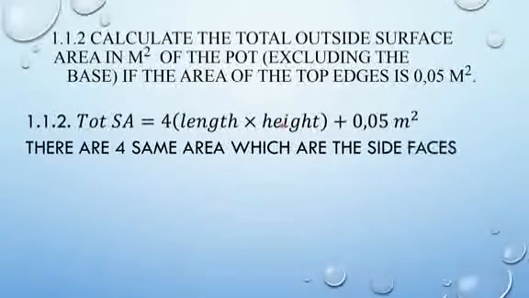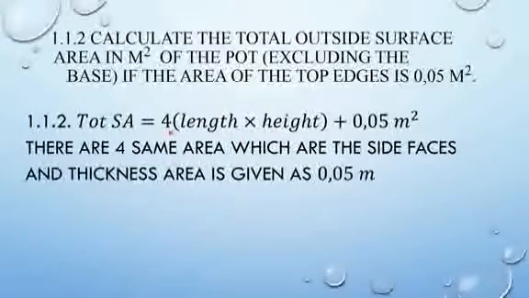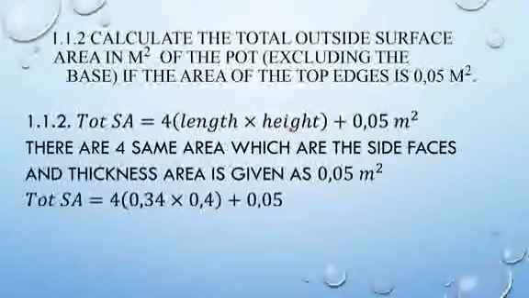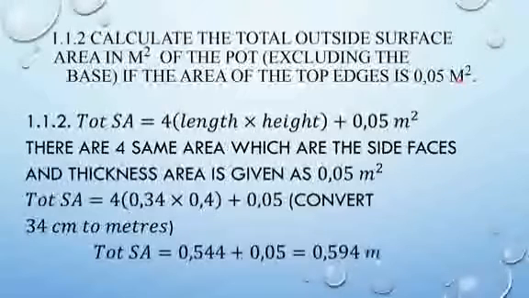Remember we said we have 4 faces that are the same. Of course, you also have to add what? The edges that we are already given here. The edges, we are told they are 0,05 square meters.